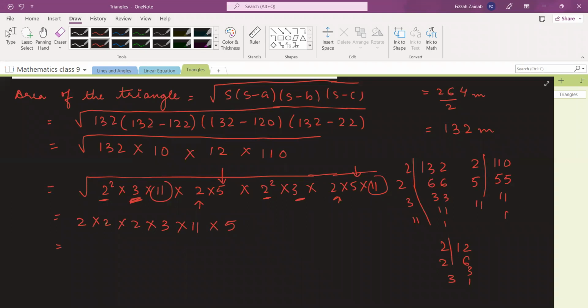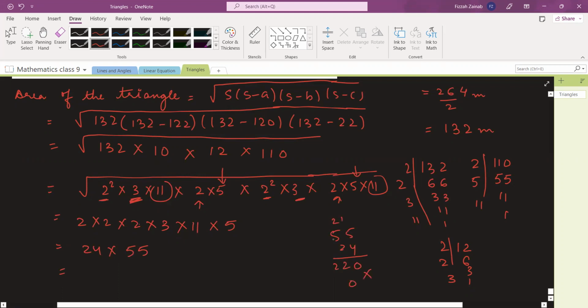Now you can multiply. Yes. 2 into 2 is 4, 4 into 2 is 8, 8 into 3 is 24, and 11 into 5 is 55. Now you can multiply this. So 55 into 24: 4 into 5 is 20, and 2 into 5 is 10, plus 1 11.